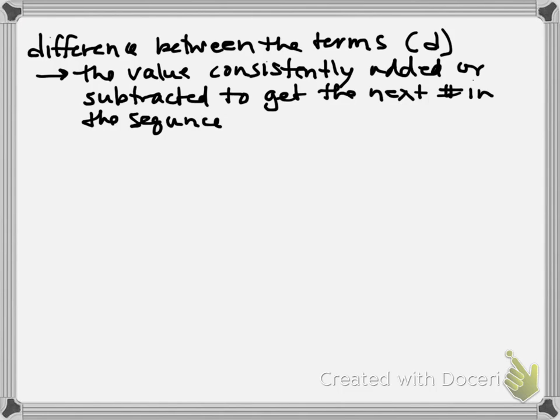Oops, that did not spell out. There we go. Okay, so we're going to be referring to this D variable, which represents what is that actual pattern number? What am I doing to get from the first number to the second number to the third number? And it's got to be the same thing, otherwise it's not considered an arithmetic sequence.